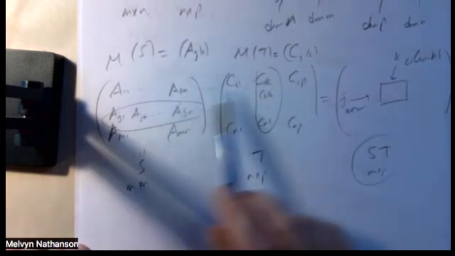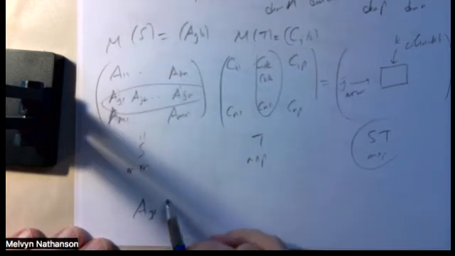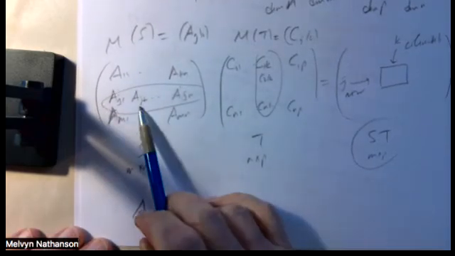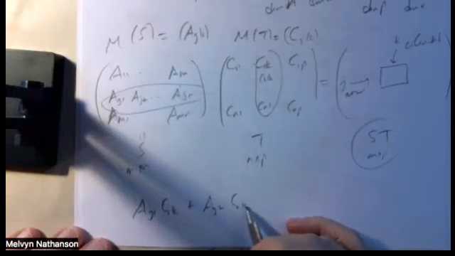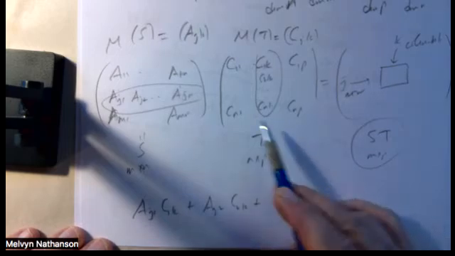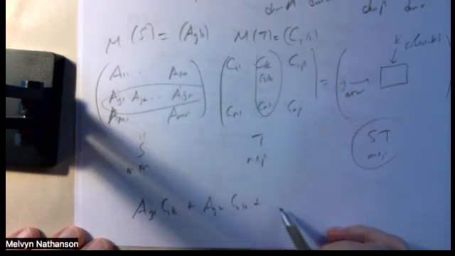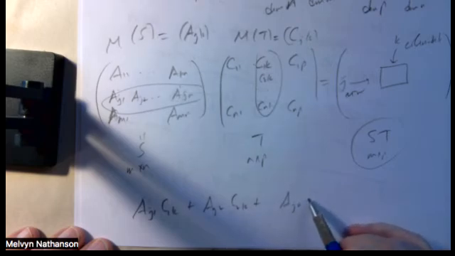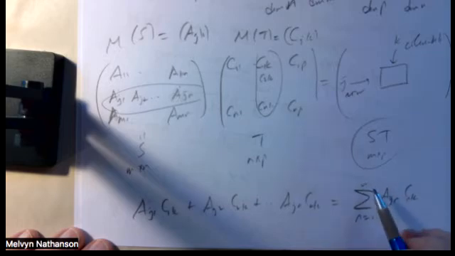I take the first element times the first element, AJ1 C1K, second element times the second element, AJ2 C2K, all the way down to the product of the last element of this row times the last element of this column, AJN CNK. Or in sigma notation, that's the summation of AJR CRK, R goes from 1 up to N.